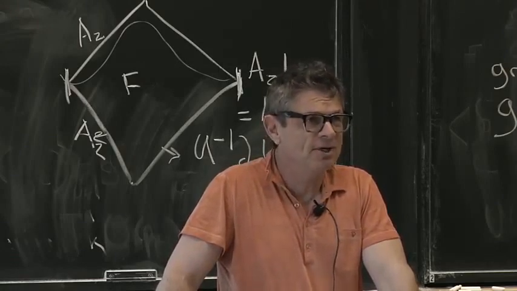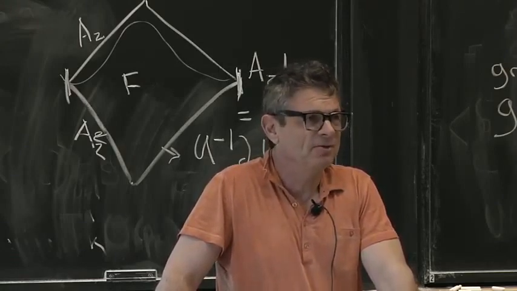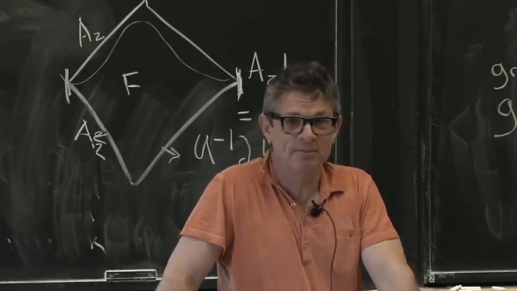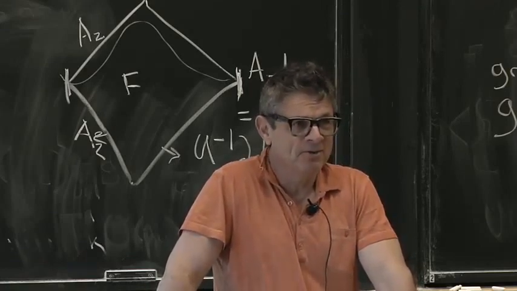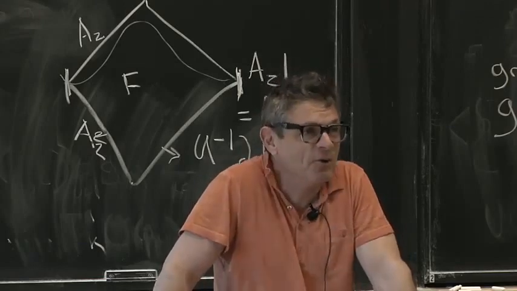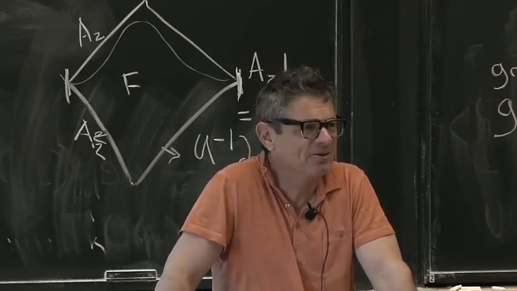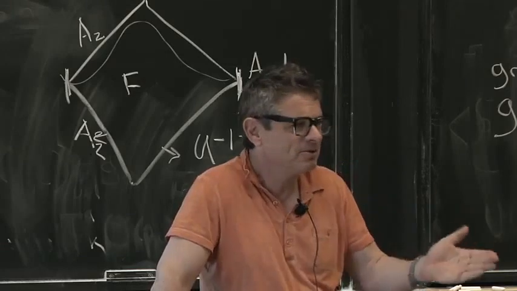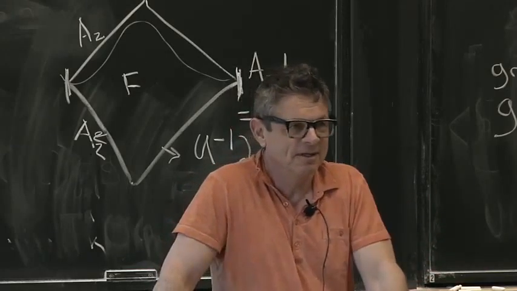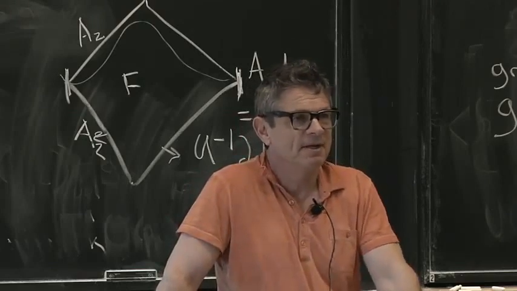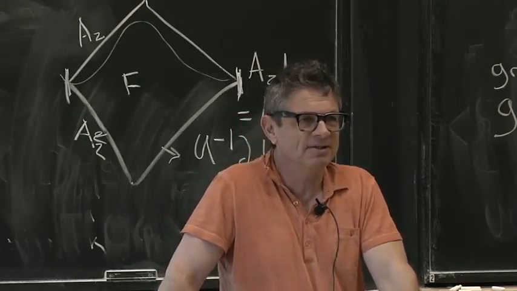You get to choose whether you impose Dirichlet or Neumann boundary conditions. But you can get in trouble there. You can't choose Dirichlet and Neumann, right? If you study a scalar field in a box and you impose Dirichlet and Neumann boundary conditions, there will be no solutions. So you have to do something consistent.